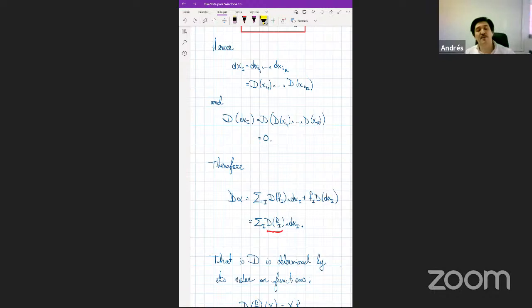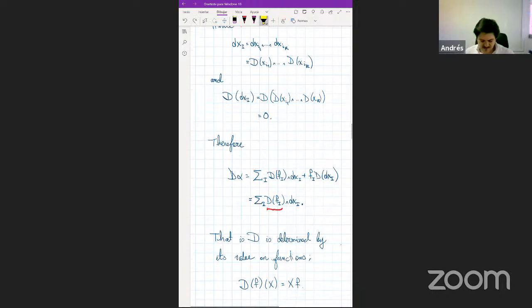Because of all of the properties of D, we have this equality. If I want to know D on any K-form alpha, all that I need to know is what is D on any smooth function. But that's precisely number 4.